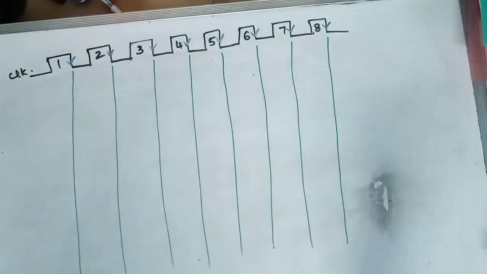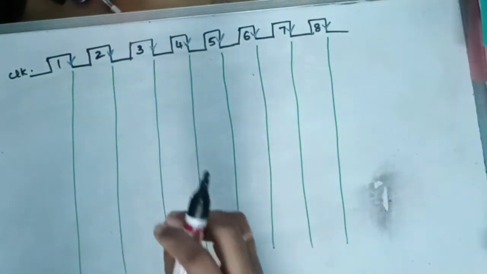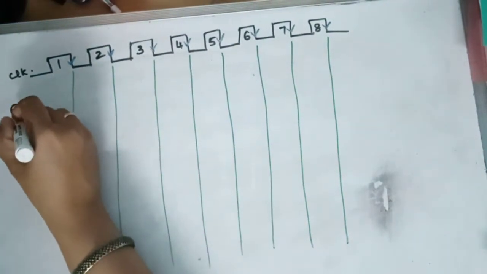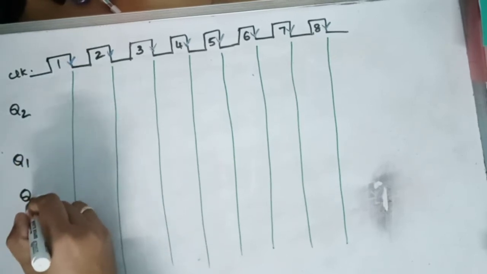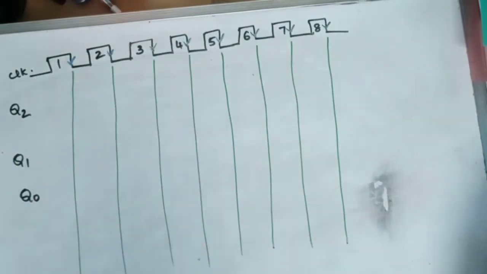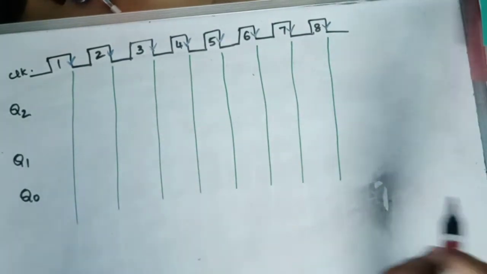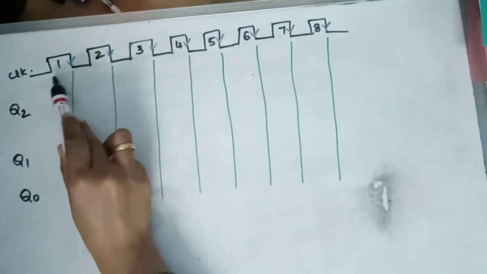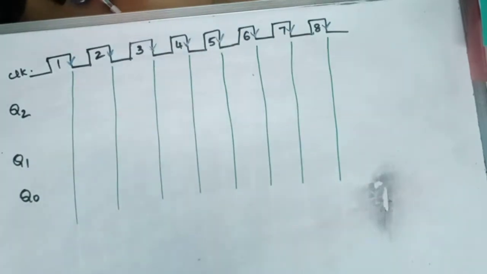In the case of 3-bit, I'm going to draw the timing diagram of a 3-bit up counter. So it is Q2, Q1, Q0. This is the first clock.